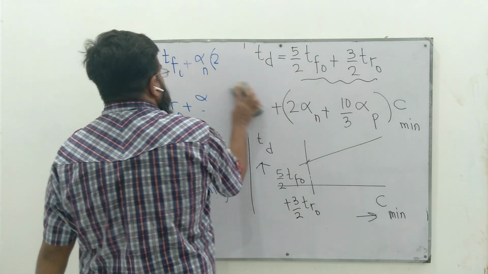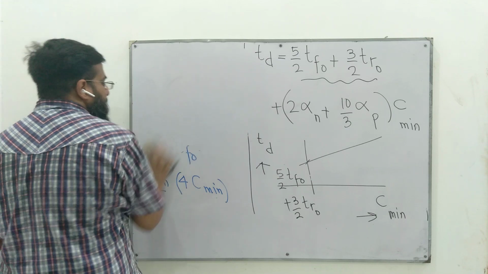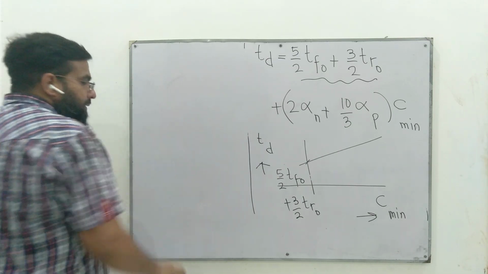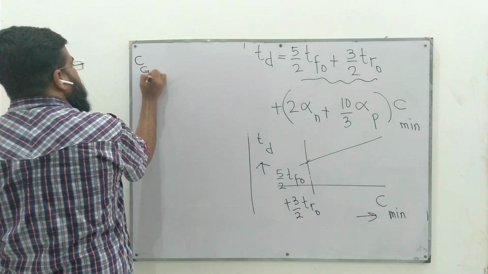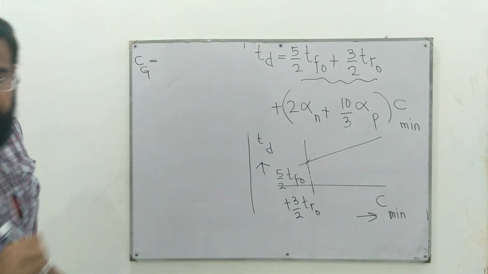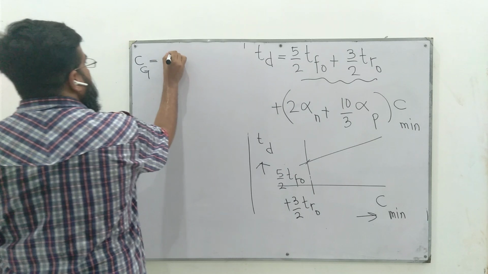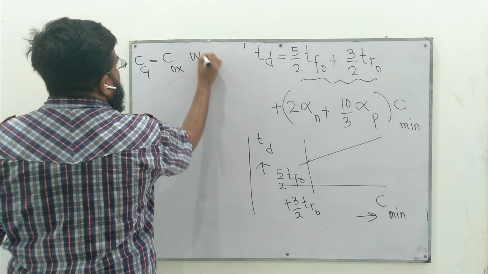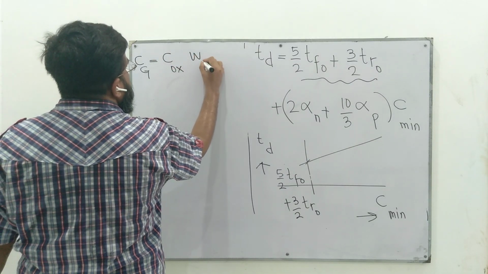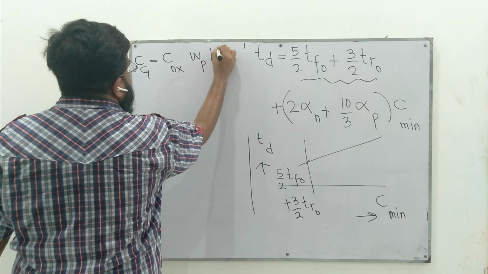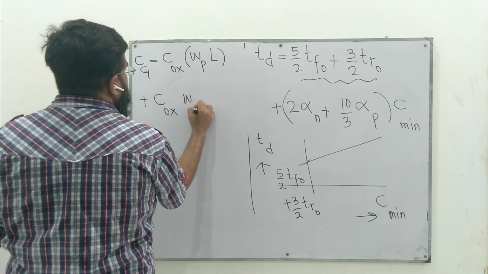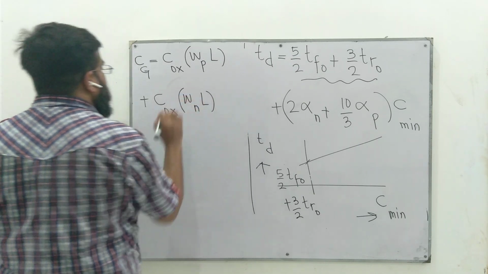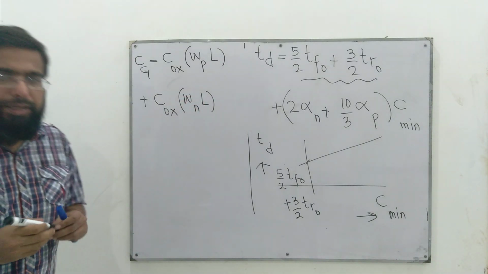If we have a symmetric NOT and all gates are symmetric, this means the gate capacitance, the input capacitance Cg, is C oxide WP times L plus C oxide WN times L. This is a general expression for the gate capacitance.